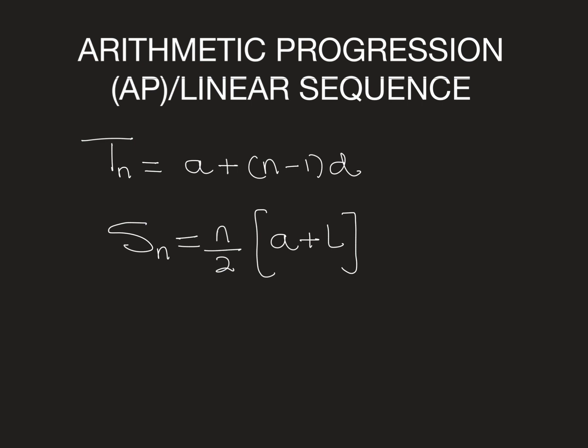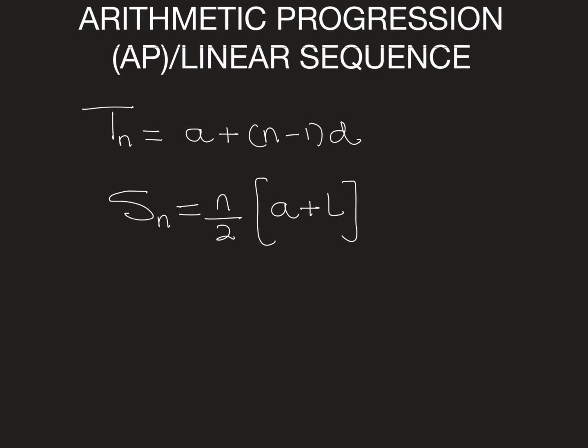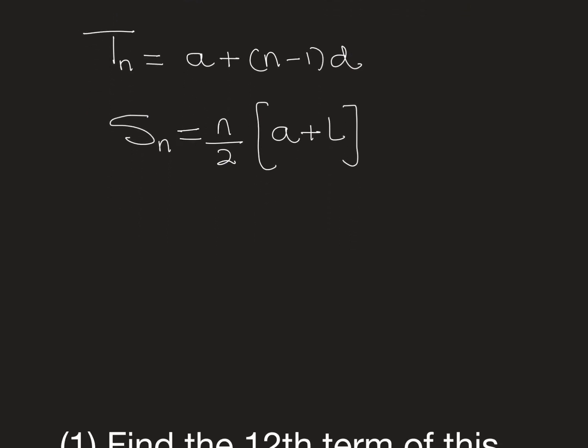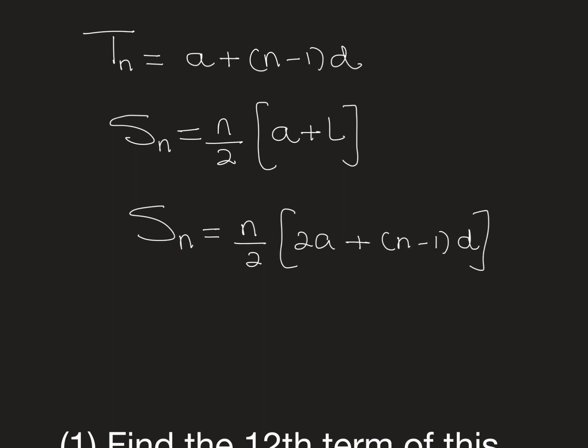Otherwise, we have to use S sub n is equal to n over 2 into 2a plus n minus 1 times the difference.